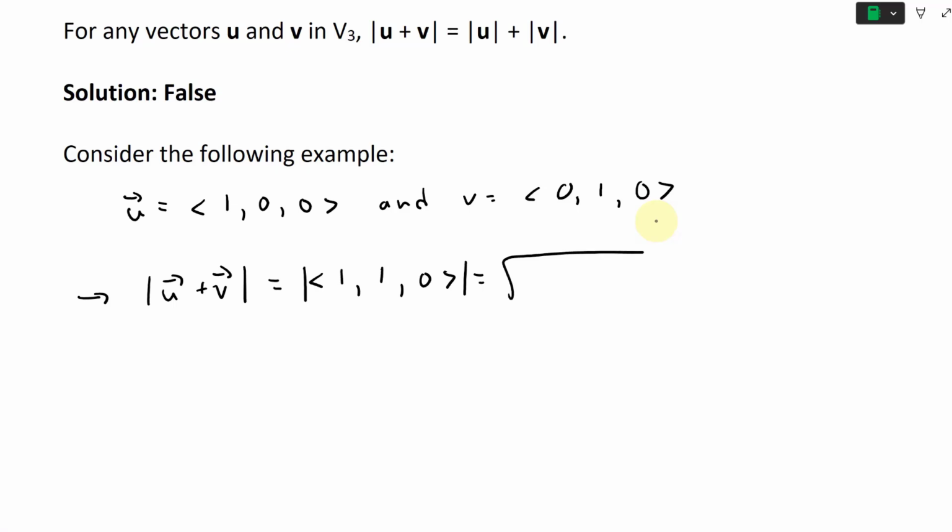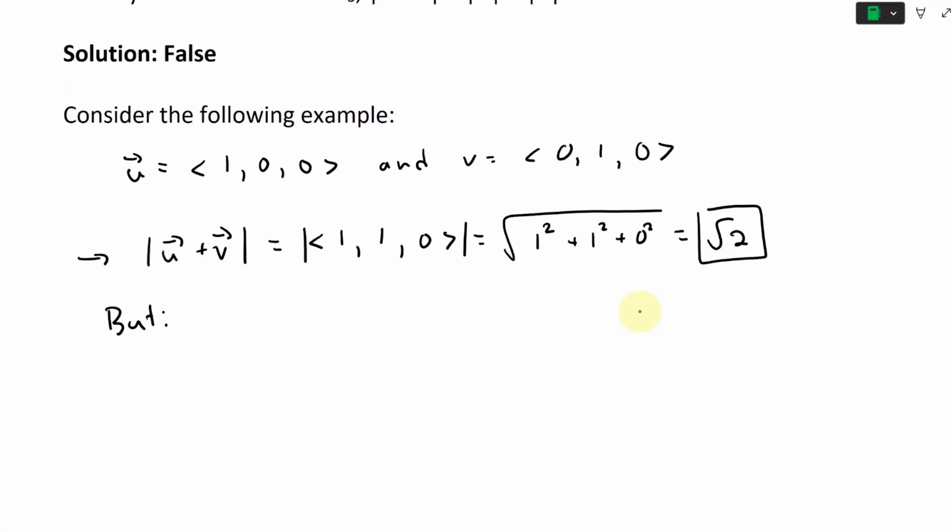So this is 1 squared plus 1 squared plus 0 squared. 1 squared is 1, this is 1, that's 0, and these add up to square root 2. It's plus or minus square root 2, but we're only dealing with the positive. I always put a plus or minus when we're dealing with square roots. But anyway, we stick with square root 2 like that.